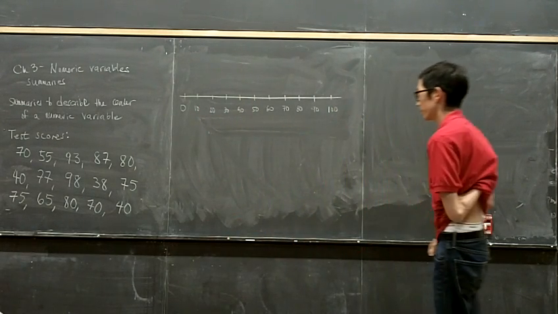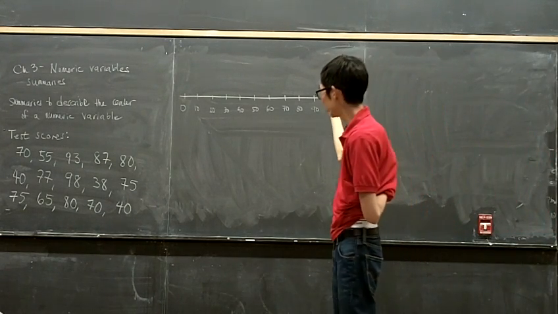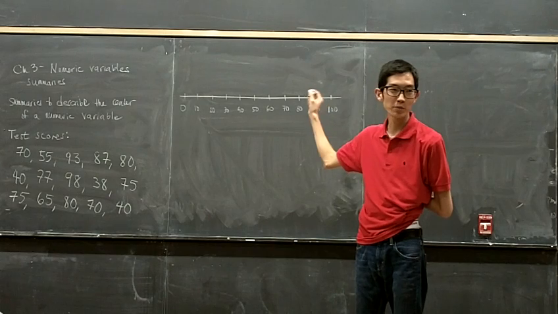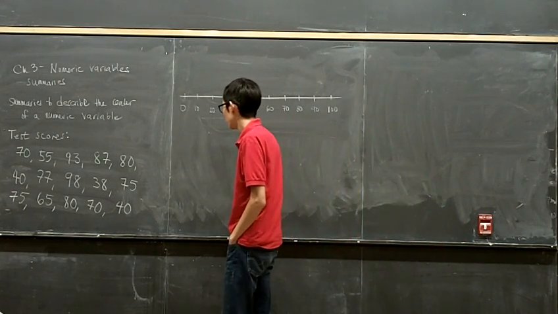I'm going to build up a histogram, so I have to figure out how many numbers fit in each bin here.